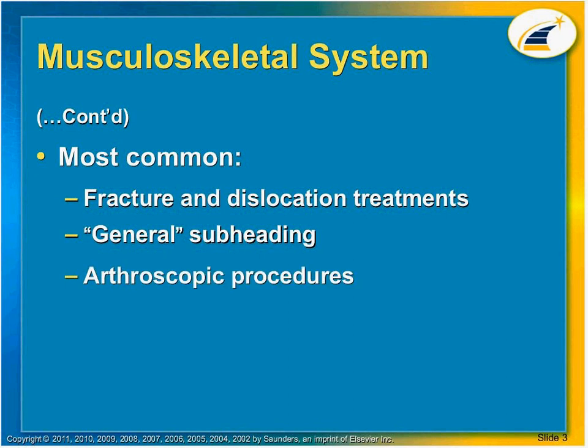And then arthroscopic procedures, which are procedures that are done with a scope to view inside of the bone area or the joint area as the provider is rendering the service.